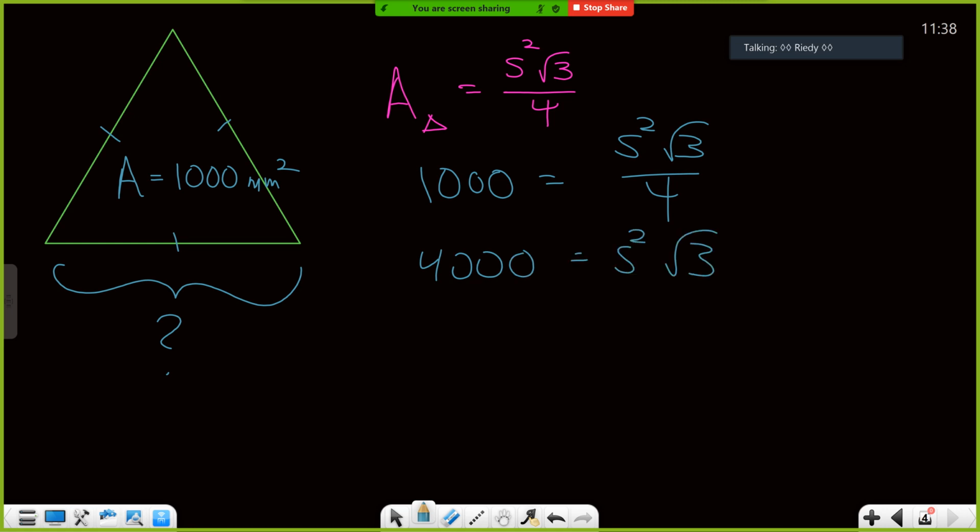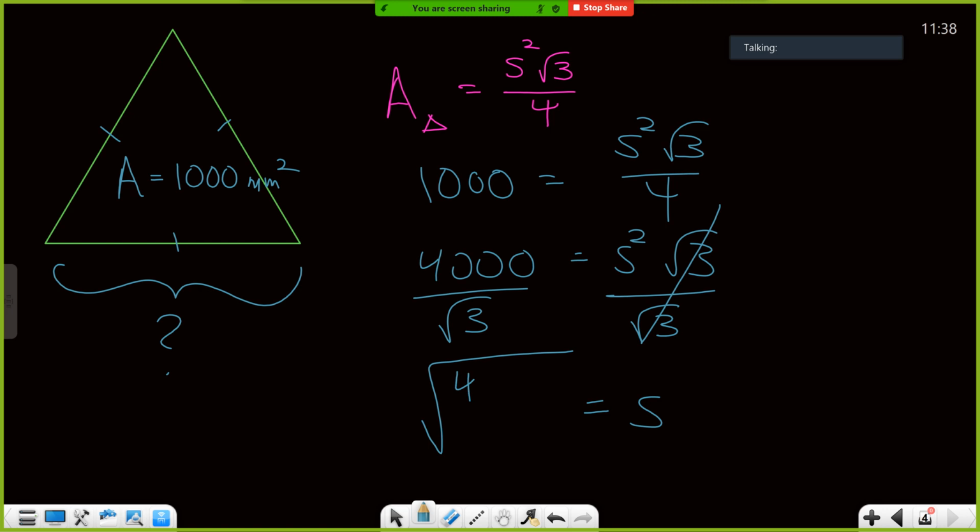Okay, what's next? Then I divided by the square root of 3. And I'm assuming at this point in time you're doing this on your calculator. Okay, so that cancels. Last step? And I got the square root of... Good. Like I said, he probably did it on his calculator.